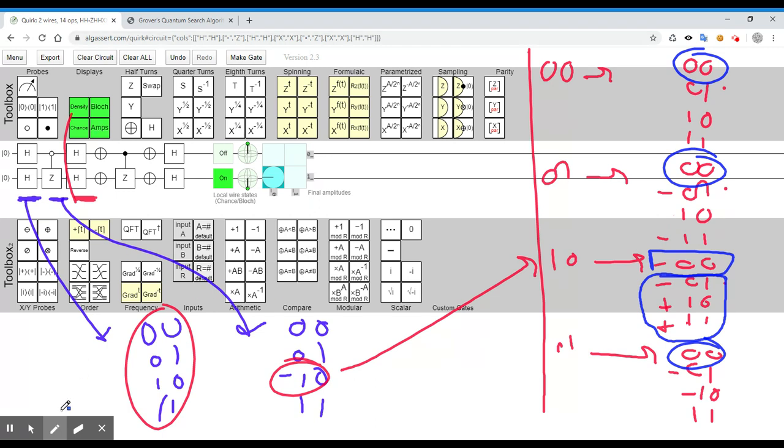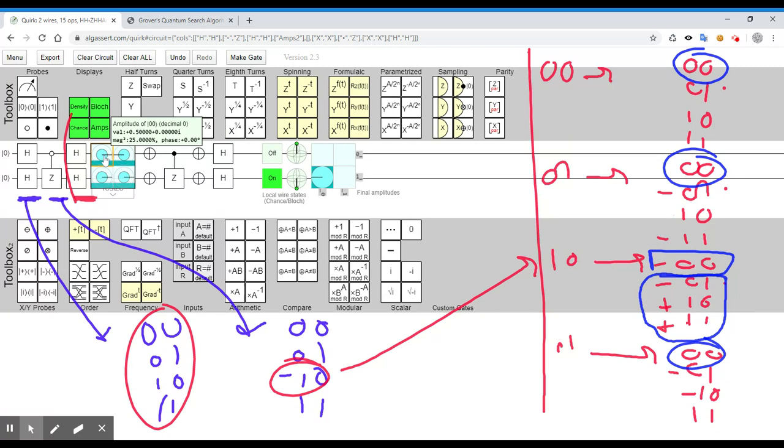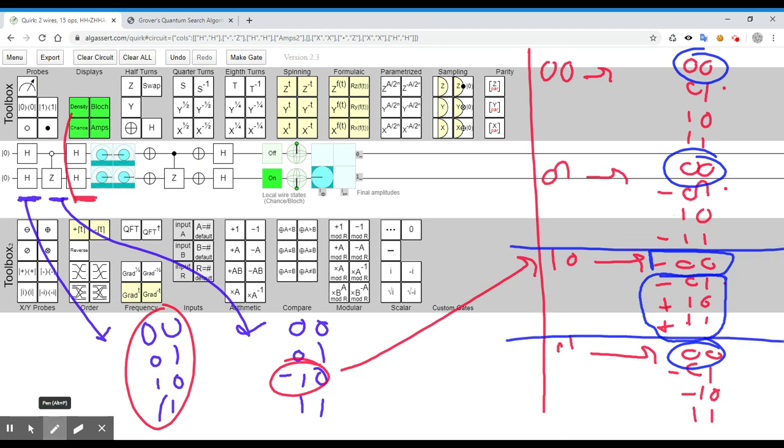If I take a look at the amplitudes after here, you're going to see that the amplitude of 0, 0 is still positive. It's still phase 0. And honestly, here it's pretty obvious that you're left with this element, which is what you flagged.